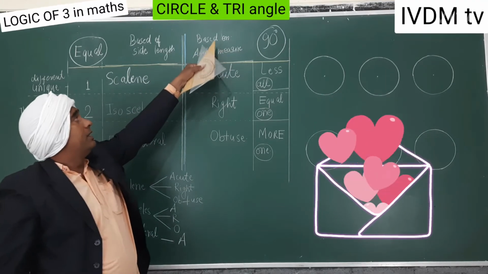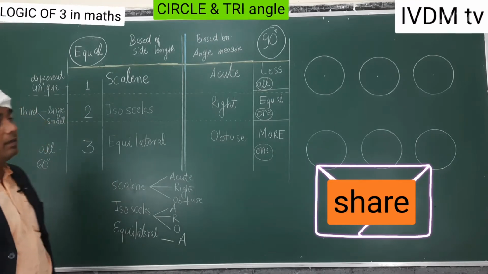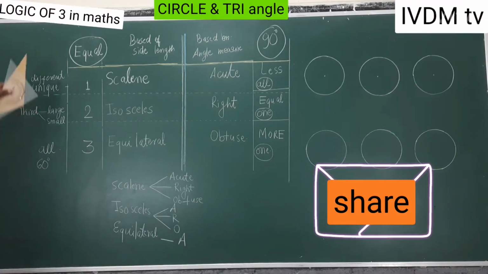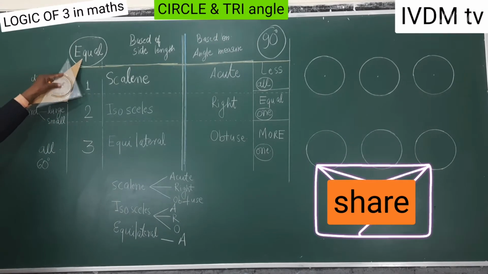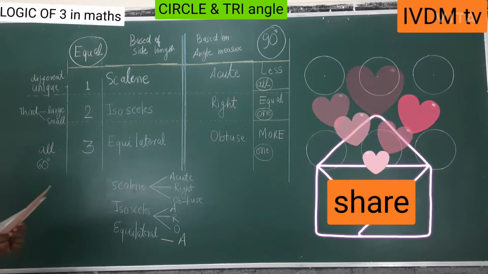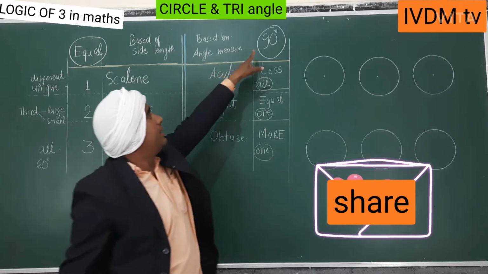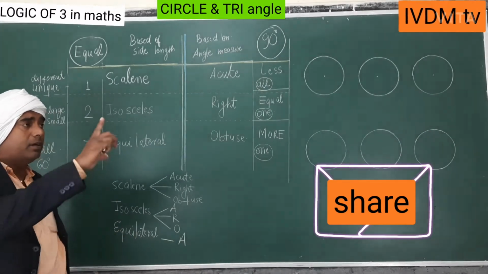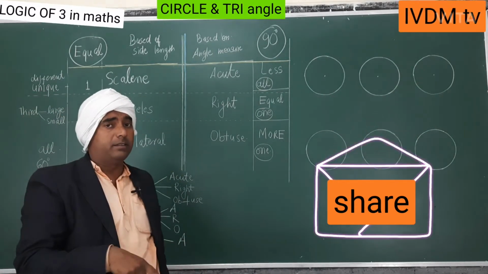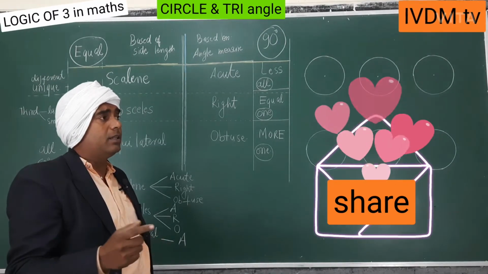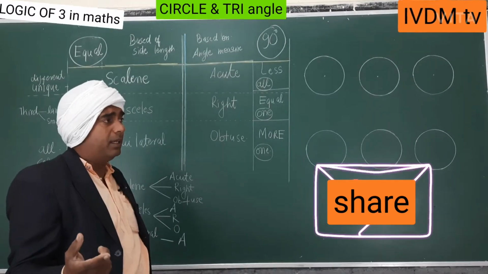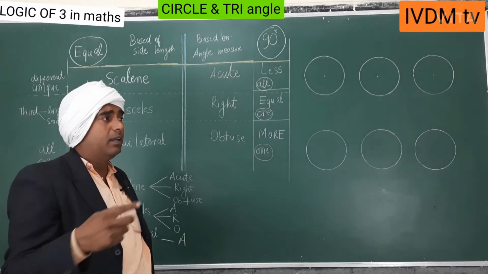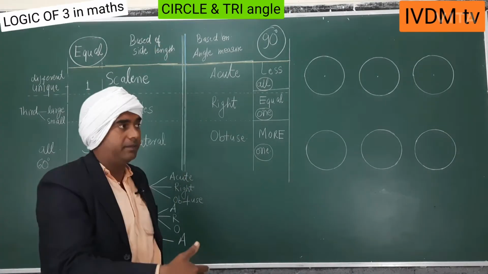The second one is based on the angle measurement. Here we focused on equality of the sides; here we have to focus on 90 degrees. 90 degrees just stands for a criterion. Just like in your exam, sometimes 33% is a criterion.